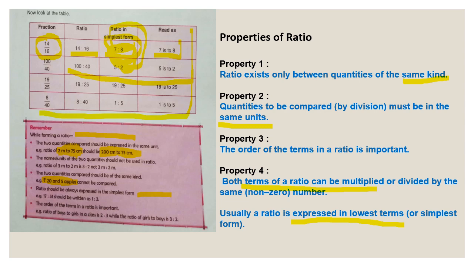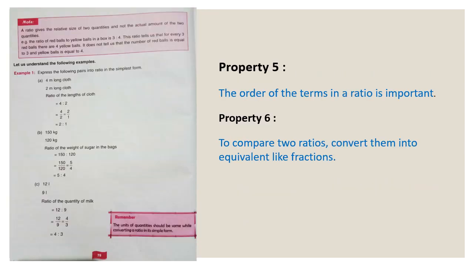Now come to some more properties. A ratio shows the relative size of quantities and not the actual amount of the two quantities, because, as we have read, the ratio is always in the simplest form, so it is not the amount of the given numbers, it is just a comparison.